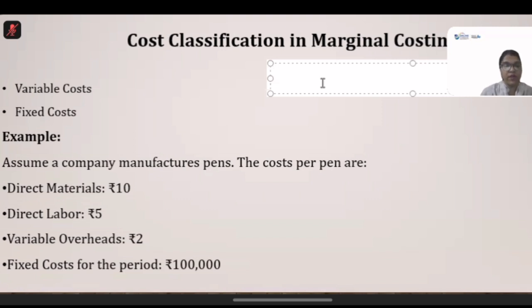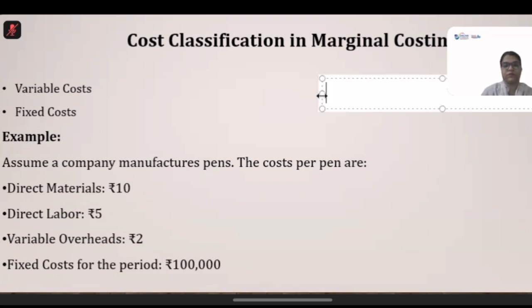Fine. So, if you notice over here, students, the variable cost that we have in this sum, what would be the variable cost?